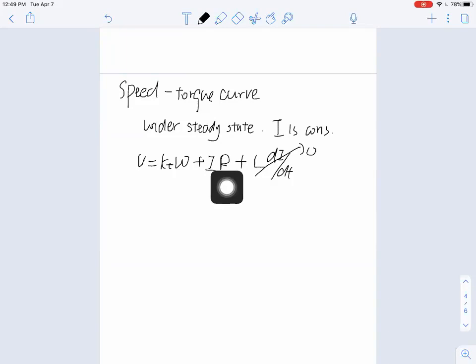Can we write an expression just for omega, since we want to know the speed of the motor related to the torque? So we can rewrite this as omega equals 1 over KT times V minus R over KT squared times T.